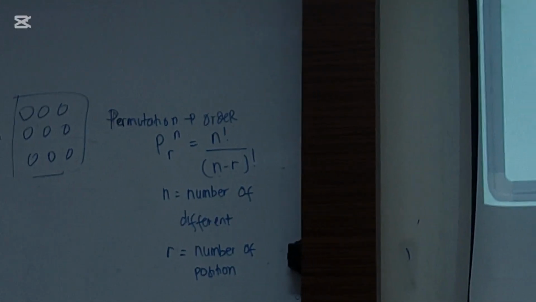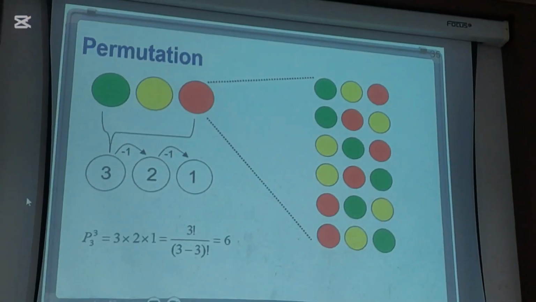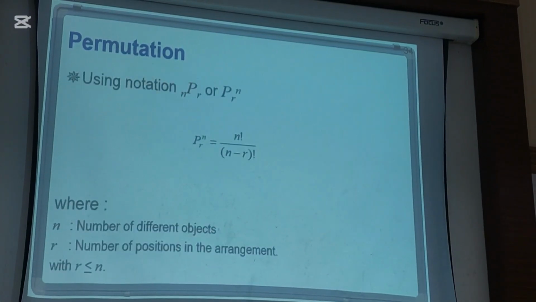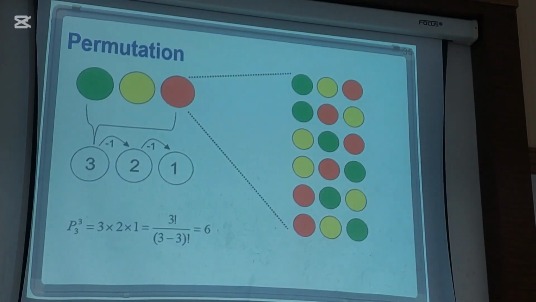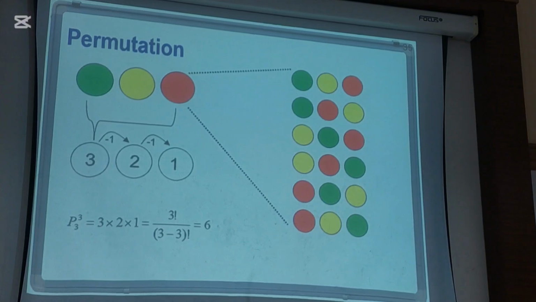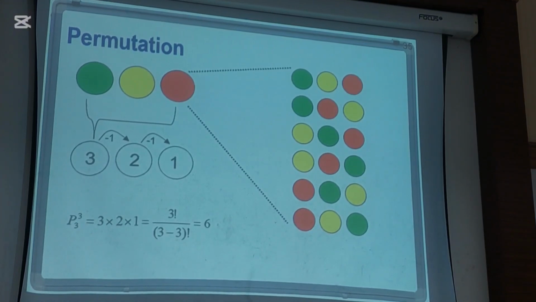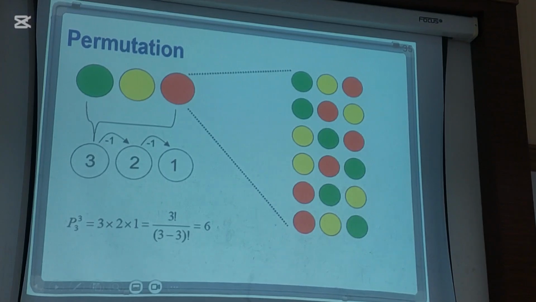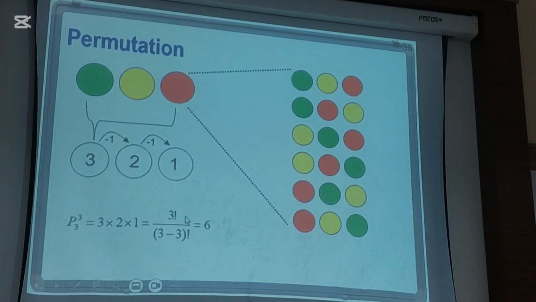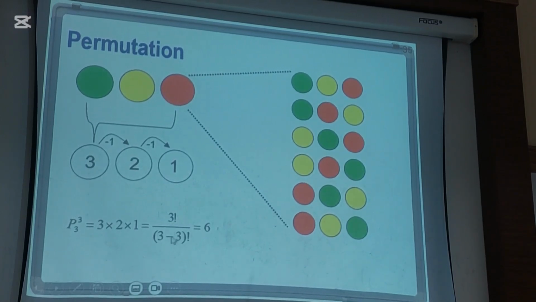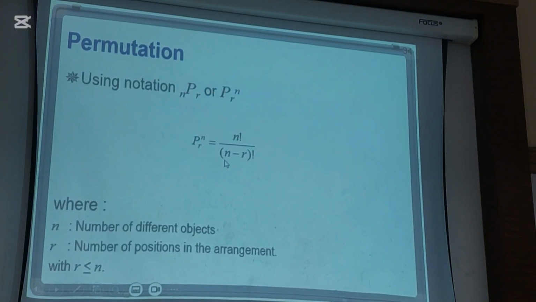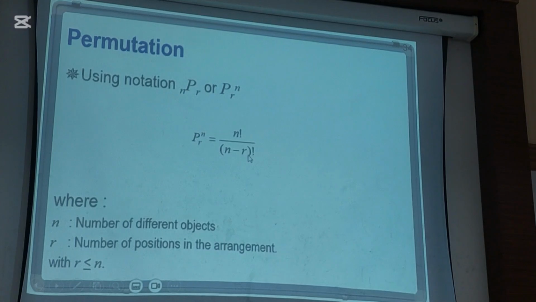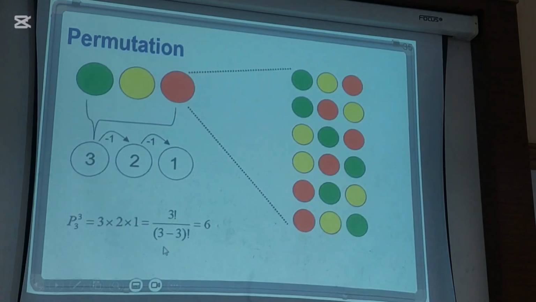If we have three different objects and we have three positions, the permutation is 3 factorial divided by (3 minus 3) factorial. So we have 6.